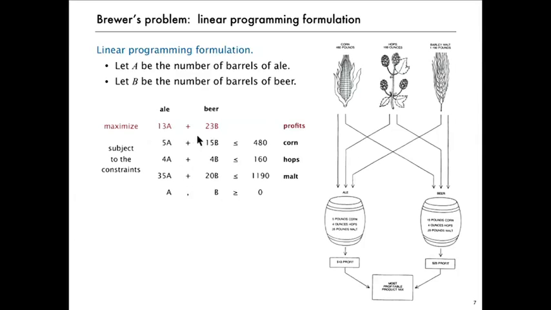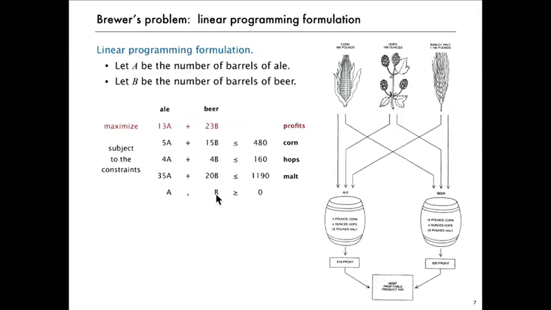And then I'm subject to all these constraints that are given to me by the recipes. For the ale, it's 5 units of corn, 4 units of hops, and 35 units of malt. And for the beer, it's 15, 4, and 20. If I make A barrels of ale and B barrels of beer, then I'm subject to this constraint. That's all the corn that I have, and so forth.